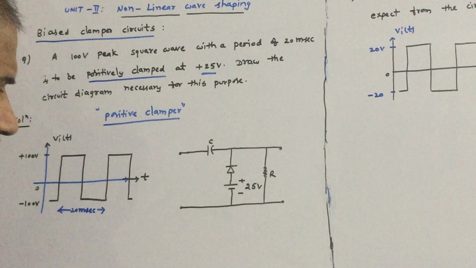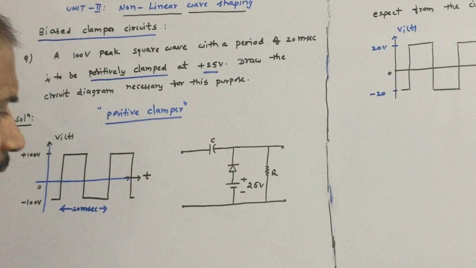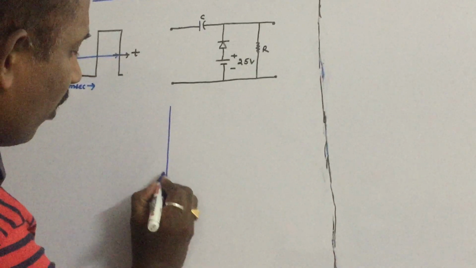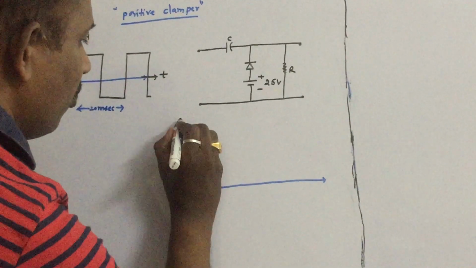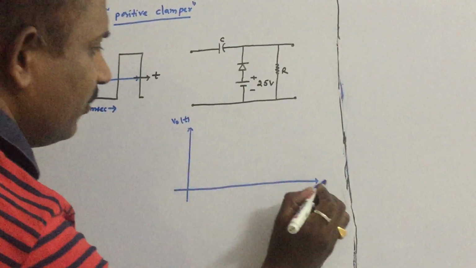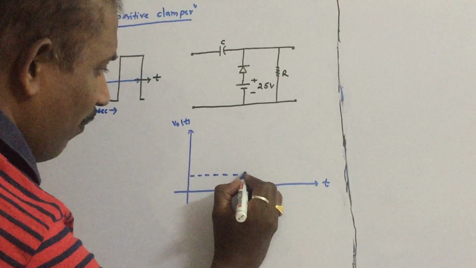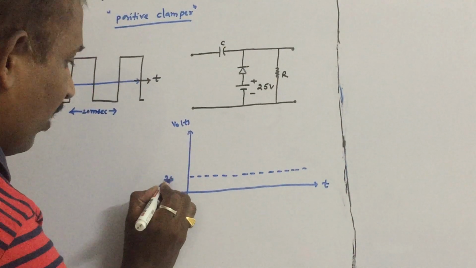So let us draw the output waveform of this. This is V0 of t versus t. It is clearly given that we have to clamp at 25 volts.